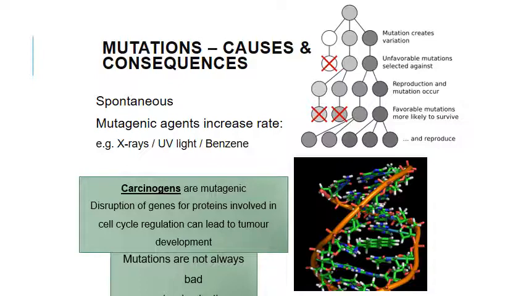Unfavourable mutations tend to be selected against, because they will lower the survival chances and the reproductive rates of those individuals in the population with the unfavourable mutation. So they are selected against.